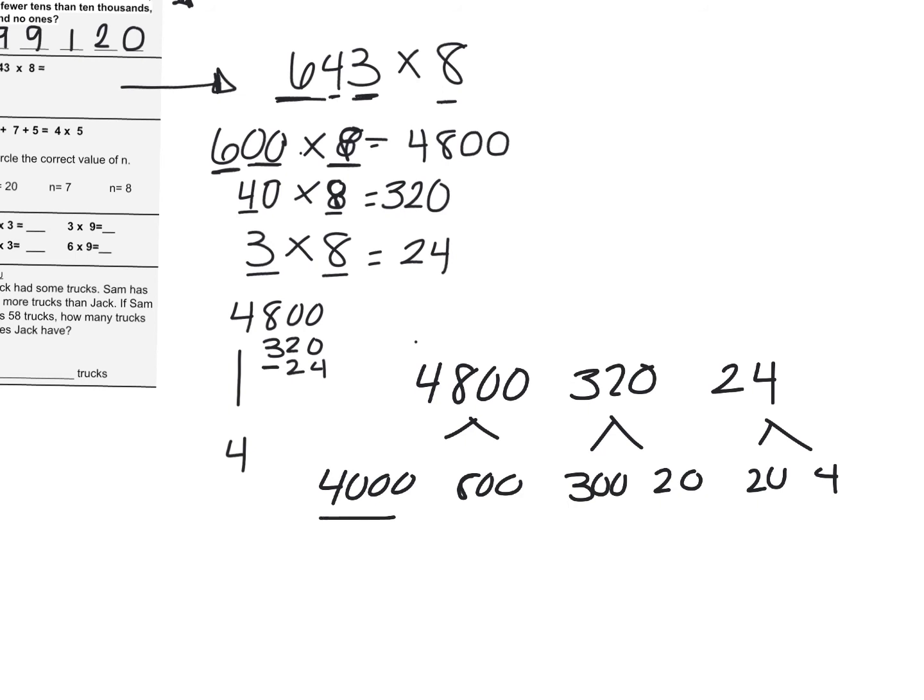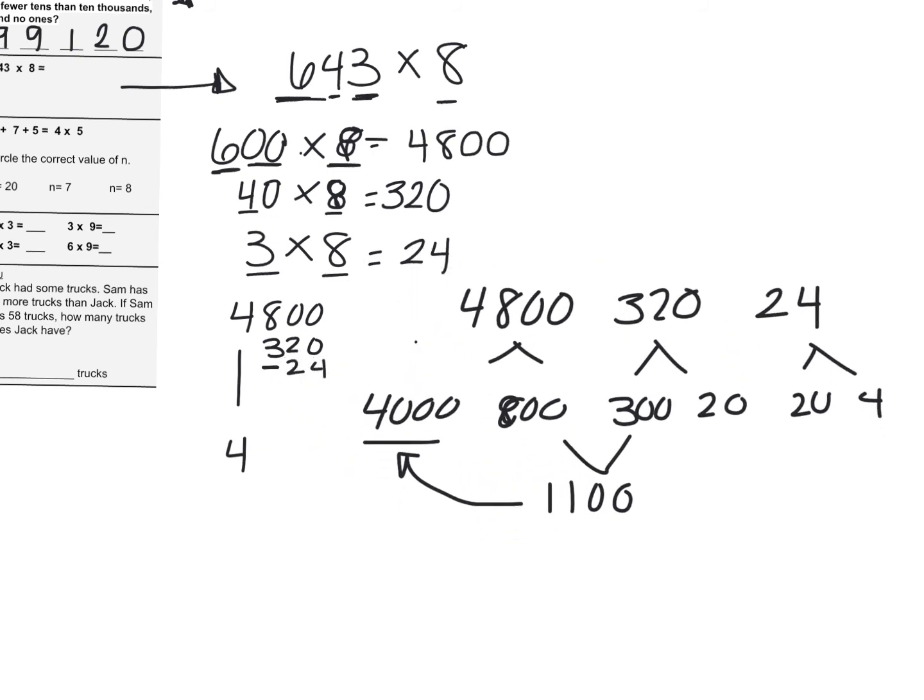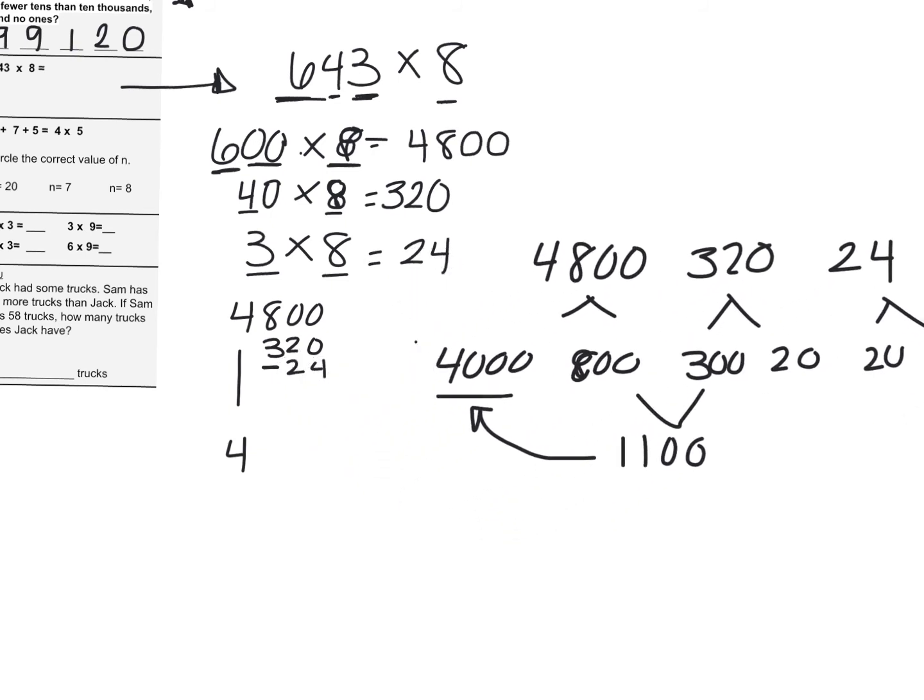I know I have 4,000, but what would happen if I put 800 and 300 together? What would I get? Yep, that's right. You would get 1,100. So now I can put 1,100 together with 4,000 a little bit easier than if it were just a vertical.